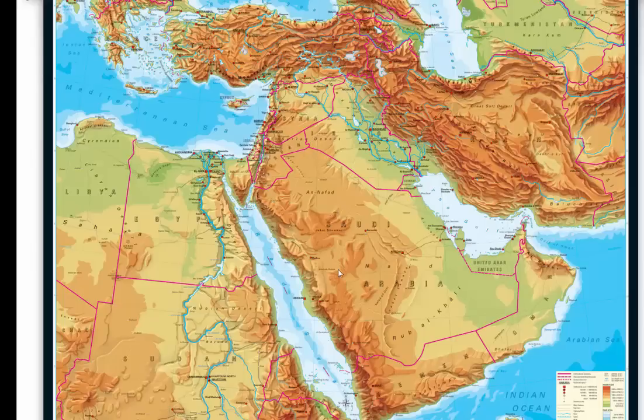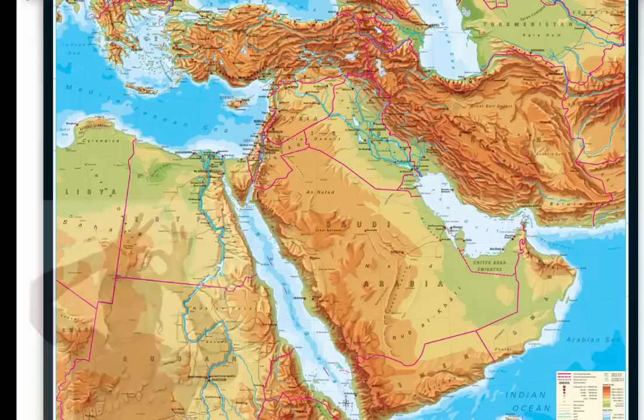This map also helps explain to us why here in the country of Saudi Arabia, the western portion of Saudi Arabia has a different culture and even a different language dialect than the rest of the Arabian Peninsula, and it's because of the mountains.